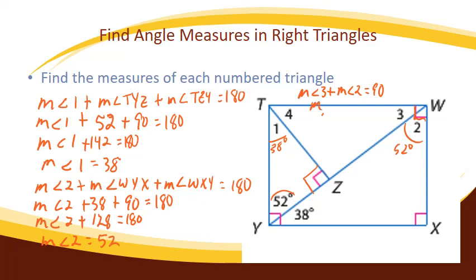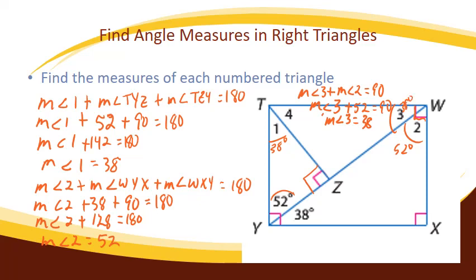And we know that the measure of angle 2 is 52. So the measure of angle 3 plus 52 equals 90. And we can subtract 52 from 90, and when we do, the measure of angle 3 then must be 38. So this one is 38.